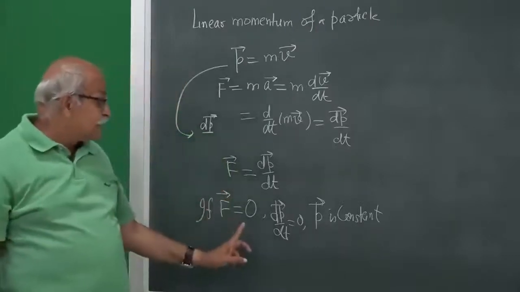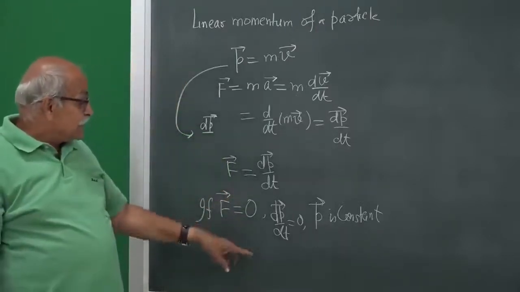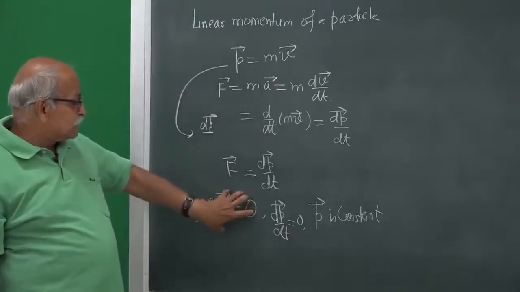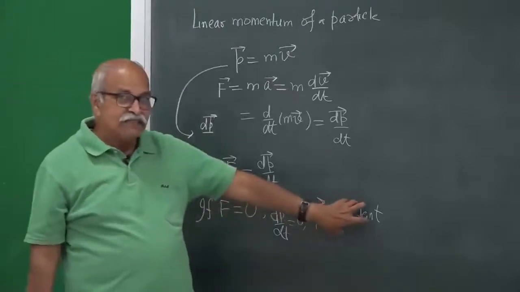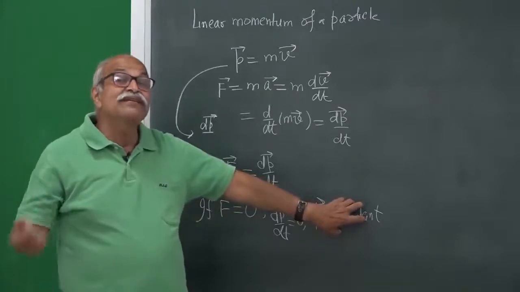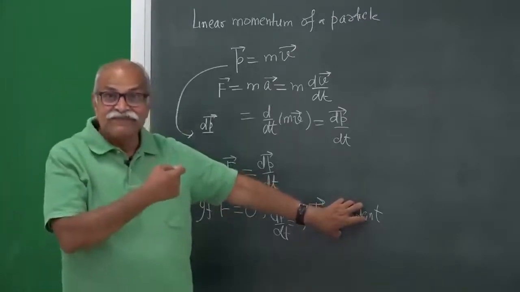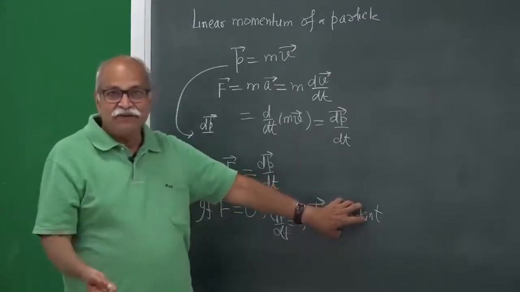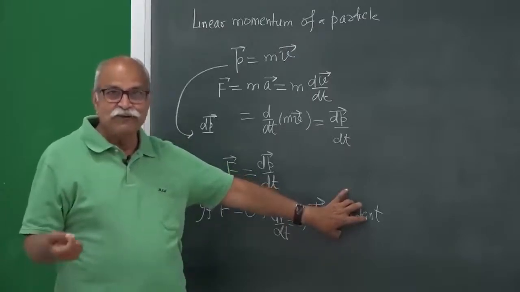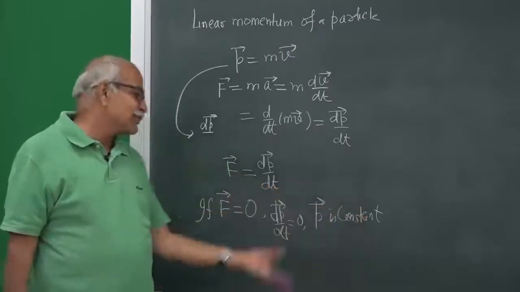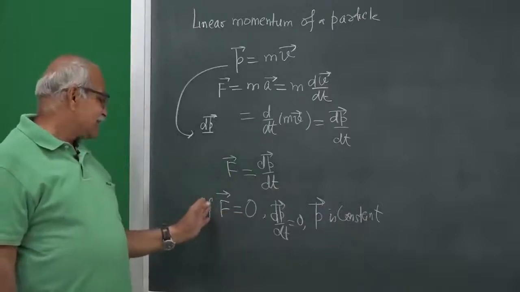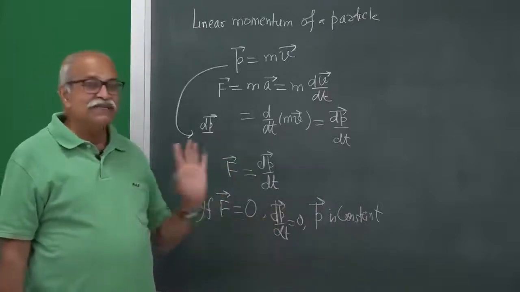And conservation of linear momentum is essentially, if the external force on a system is 0, the total momentum of that system is constant. If your system is just one particle, all forces are external anyway, so of course the same principle tells that if F is 0, then P is constant.